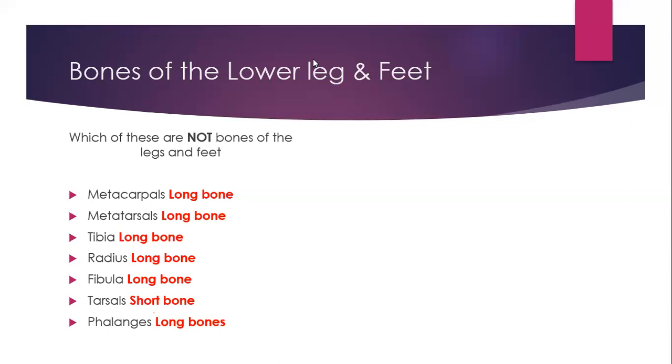Remy, can you think of where your metacarpals and radius are located if they're not in the lower leg or the feet? And your hands? Yeah, that's absolutely correct. So the bones in your lower leg and in your lower arm and hands are very similar, and you can see it's just a slight change in spelling there.